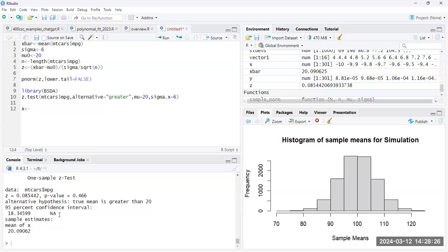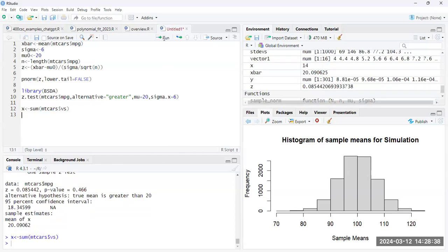And so I'm going to store x to be the sum of mtcars vs. That's essentially going to tell me the number of successes in that data set, so the number of ones. And then the length is going to be the sample size.